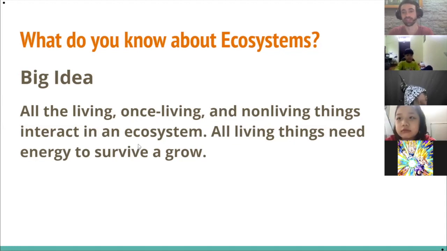So it's the living, which is like insects, bears; once living, like dead logs, dead leaves; and then non-living, which is like a rock or minerals or water. But I'm gonna have you guys give me some examples later on.